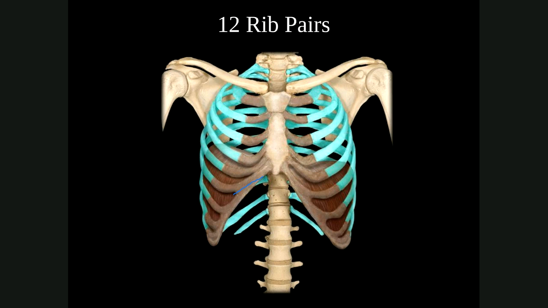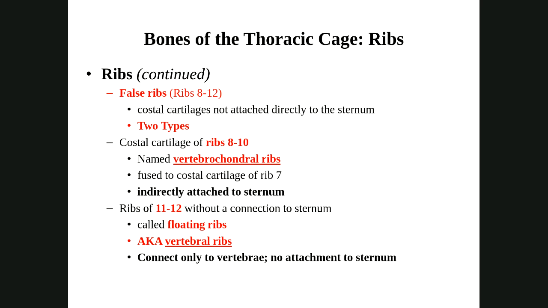So this is rib 7, and its costal cartilage attaches directly onto the sternum. You see that? So this is rib 8 down here, and 9 and 10, and those costal cartilages do not directly attach onto the sternum. They all attach onto this costal cartilage and up to here. So those are our false ribs. Ribs 8 through 12 are false ribs.